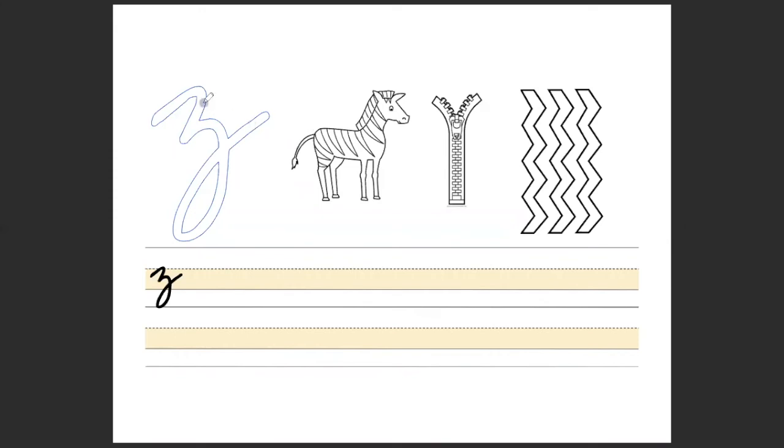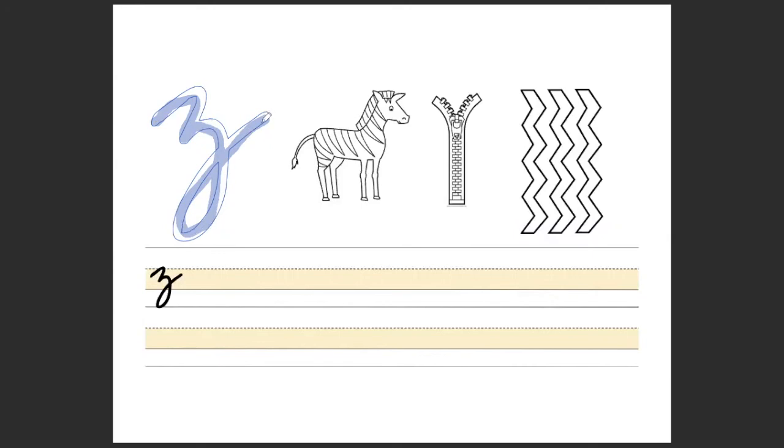Let's trace it together. Z. Can you trace it 2 more times? Z. It makes my tongue tickle when I say Z. Does it make your tongue tickle? Z.